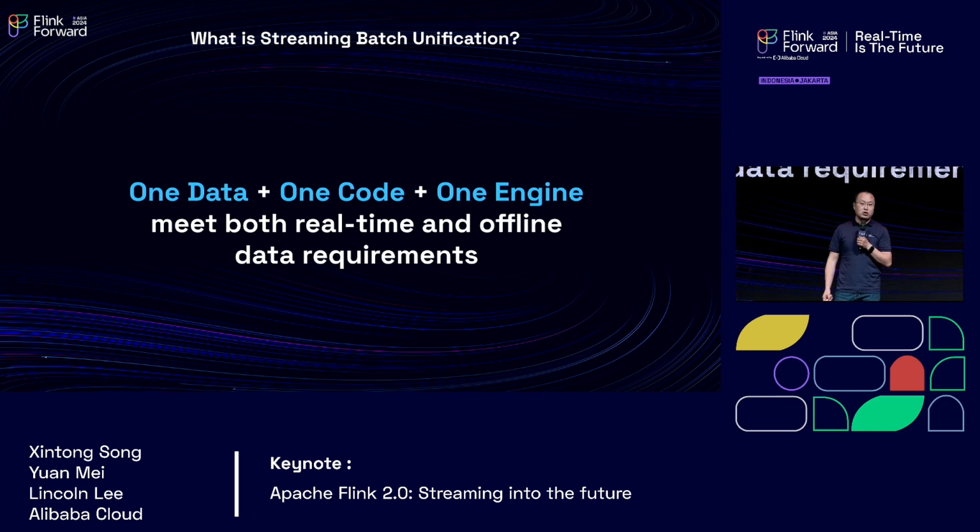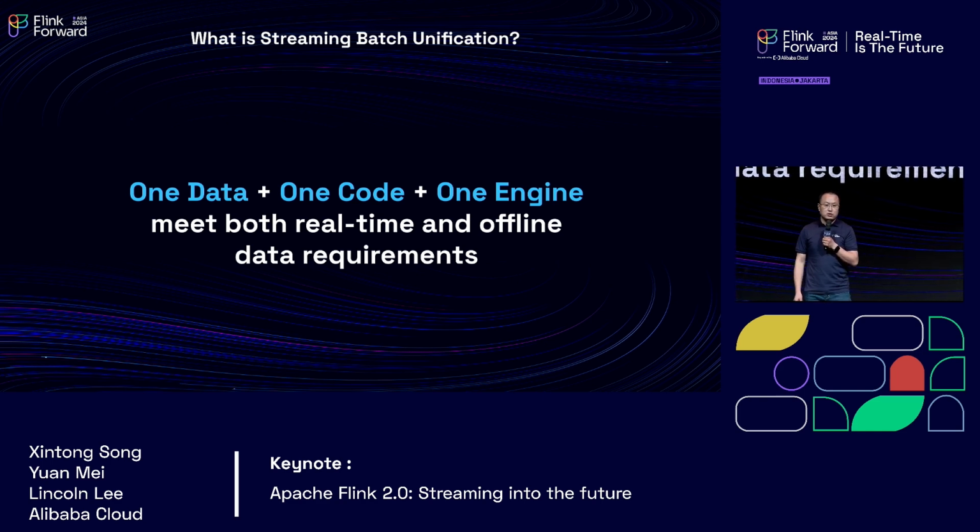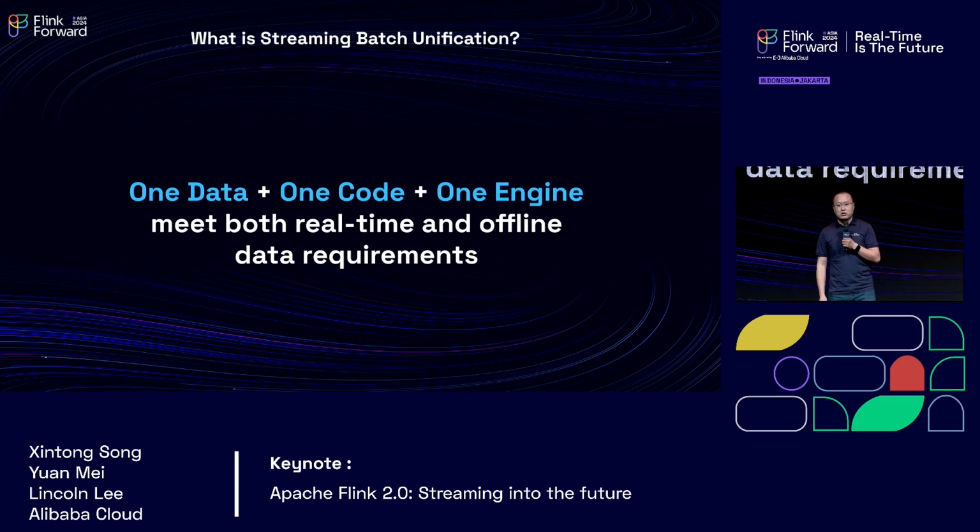One code also implies the requirement for the unification of the execution engine, because even when using SQL as the user API, we still have differences in different dialects. So the most straightforward way to achieve writing just one piece of code is to use one single engine.